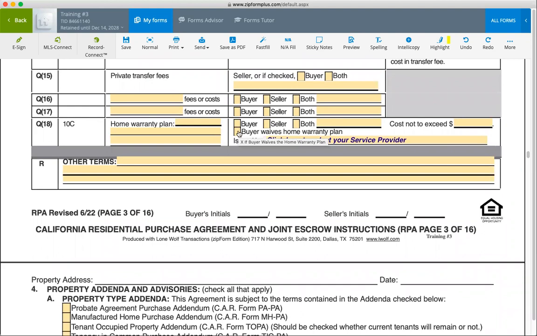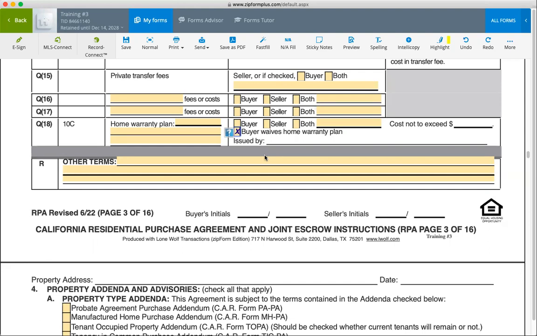If the buyer's not going to get a home warranty, we want you to check here that the buyer is waiving the home warranty, because our E&O insurance gives us a reduction in our deductible if the buyer's gotten a home warranty or if they've signed a waiver that they're not getting one.